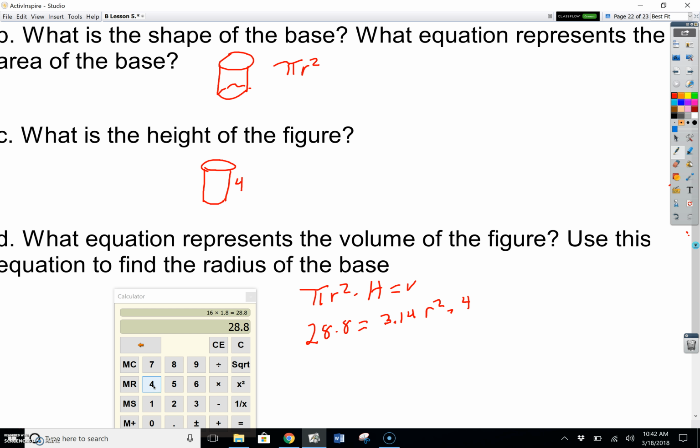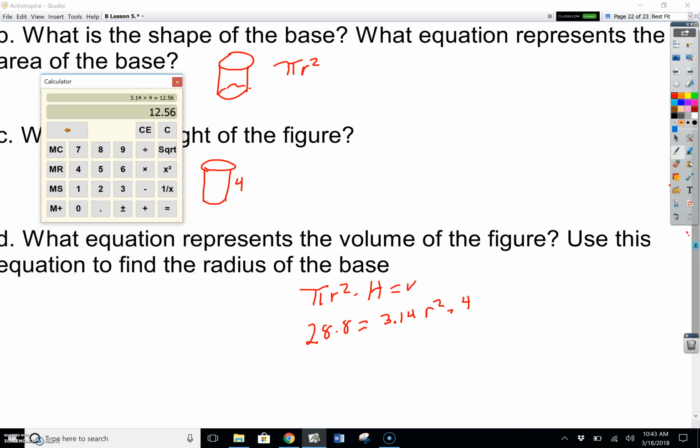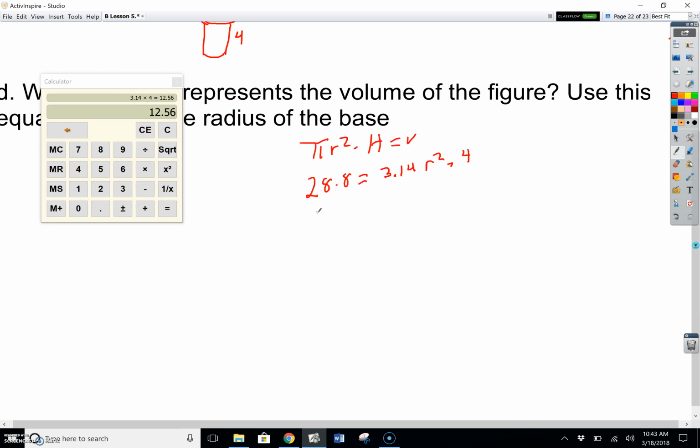So what I'm going to do first is do 3.14 times 4. And that's going to give me 12.56. So let me zoom this up even more. So I'm going to have 28.8 is equal to 12.56 r squared.